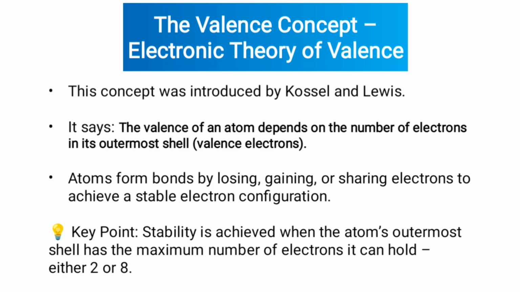Atoms form bonds by losing, gaining, or sharing electrons to achieve a stable electron configuration. Also, keep in mind that stability is achieved when the atom's outermost shell has the maximum number of electrons it can hold, either 2 or 8.